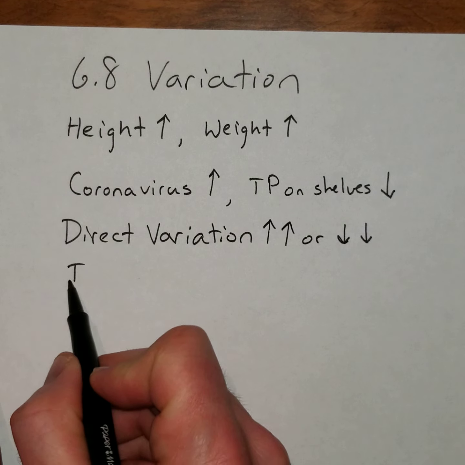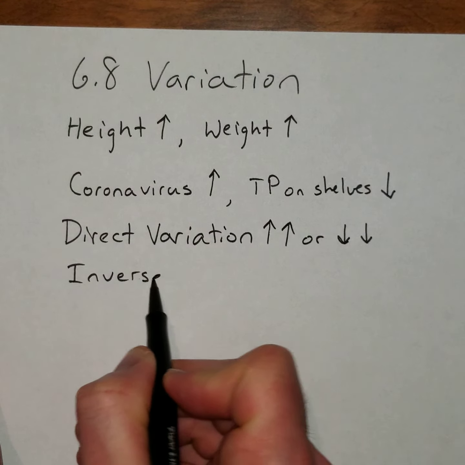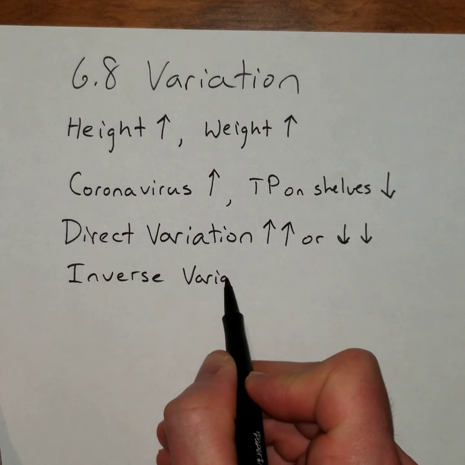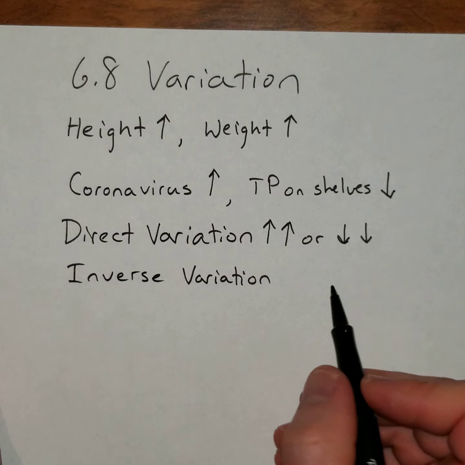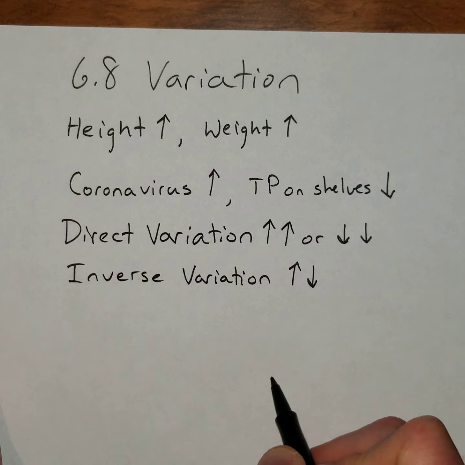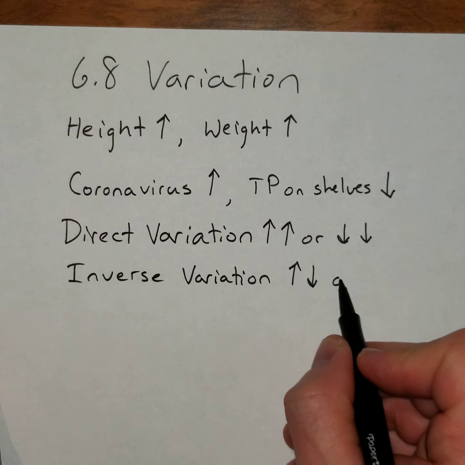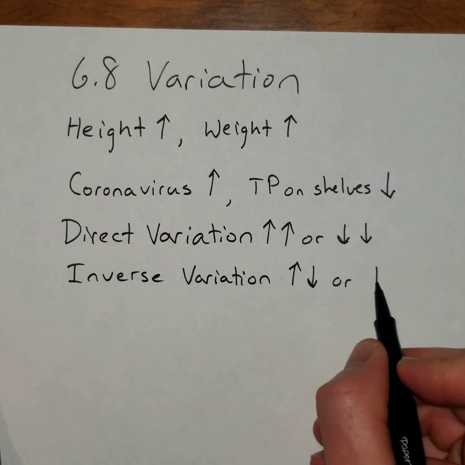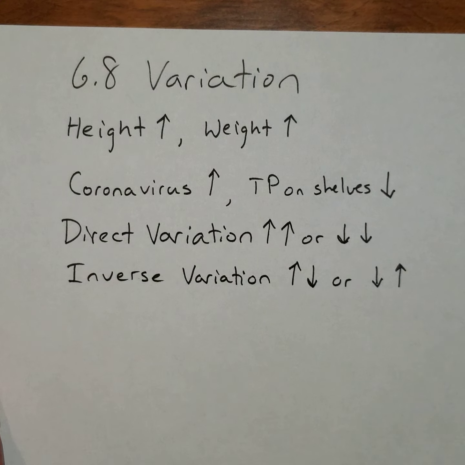Inverse variation is where either the first one increases, which causes the second to decrease, or the first one decreases, which causes the other one to increase. So they change in an opposite way.